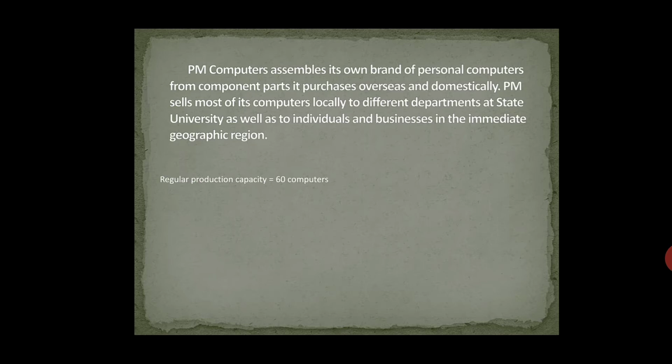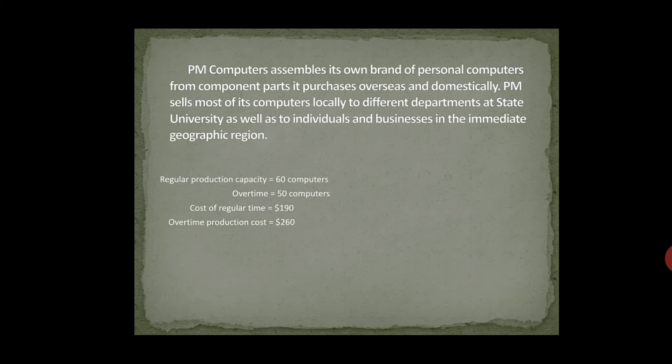PM has enough regular production capacity to produce 160 computers per week. It can produce an additional 50 computers with overtime. The cost of assembling, inspecting, and packaging a computer during regular time is $190.